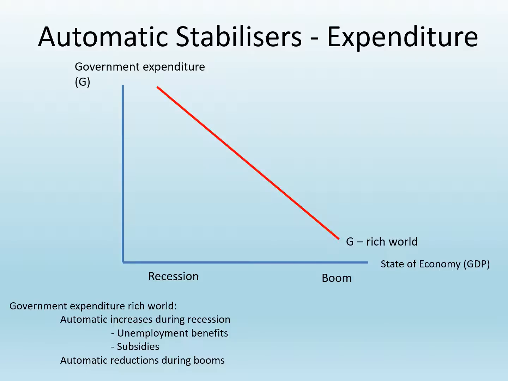So graphically, we would see an inverse relationship between government expenditure on the one hand and the state of the economy on the other. As it goes into recession, government expenditure increases, and as the economy begins to grow, government expenditure decreases. That's, of course, in the rich world.